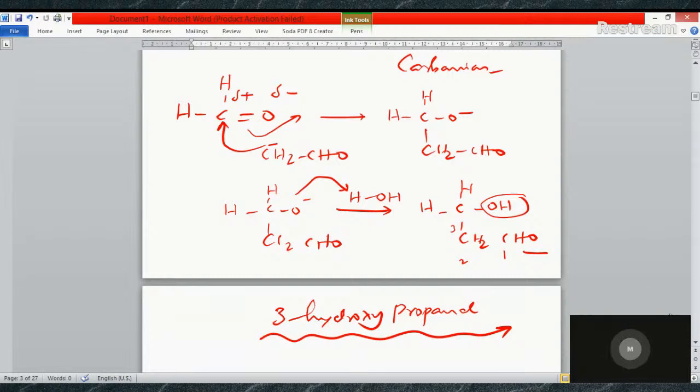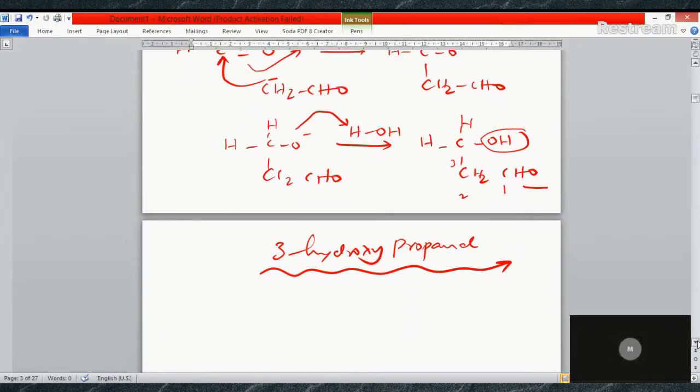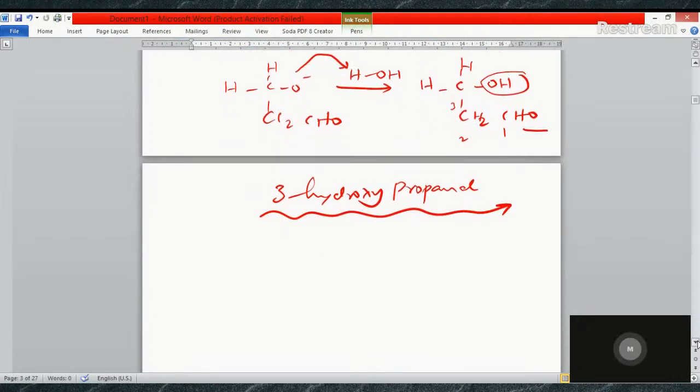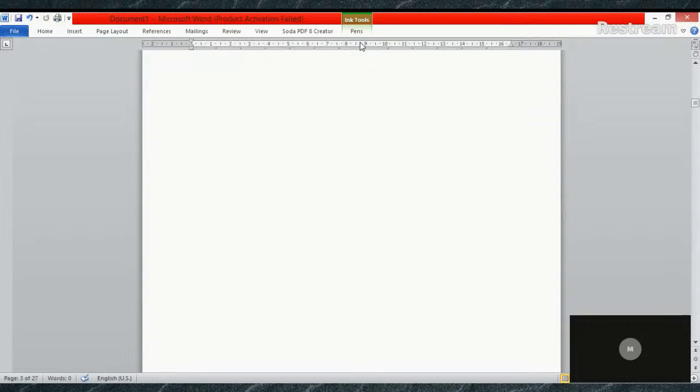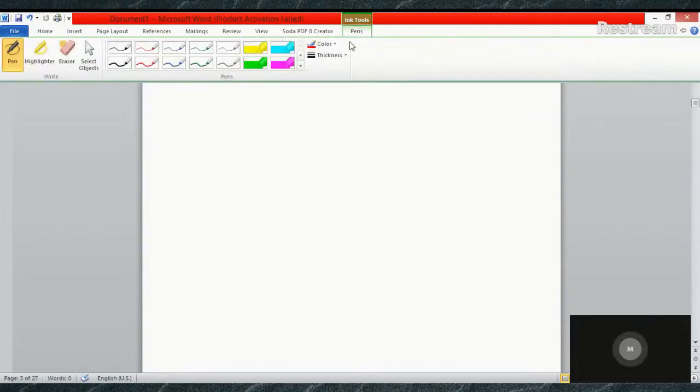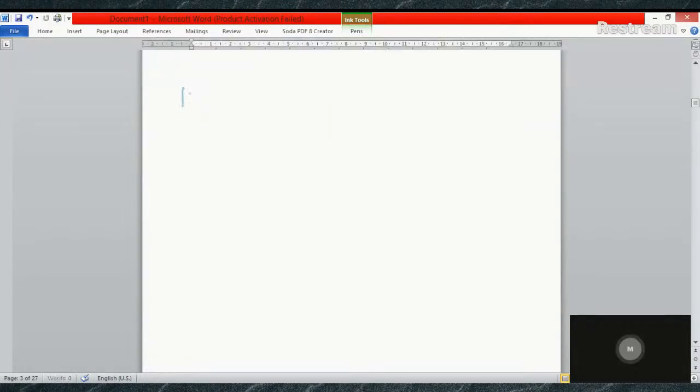And one more type of cross-aldol condensation can be explained by taking the formaldehyde and acetone. We are going to take the formaldehyde. The formula for formaldehyde is HC double bond O, H. There is no alpha hydrogen, but when you take acetone, CH3C double bond OCH3, it is going to have 6 alpha hydrogens.